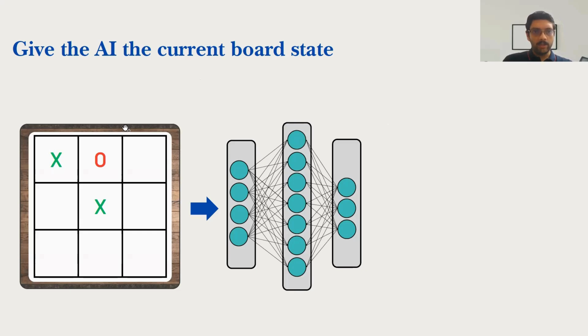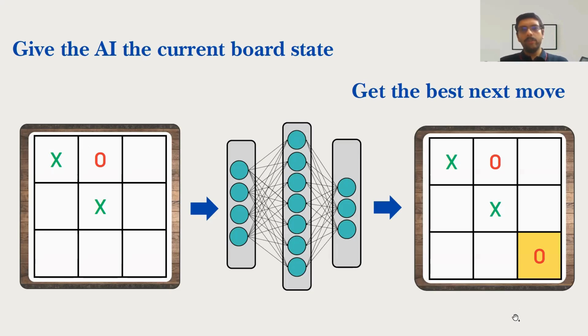So you can think of it as this board position, where the X's are, where the O's are, what the empty states are. And what we want is to pick where it would place the next value. We're assuming, in this particular example, that I'm X and the neural network is going to have to place O. Does it know, or how does it know, to place the O here to block this move, right?